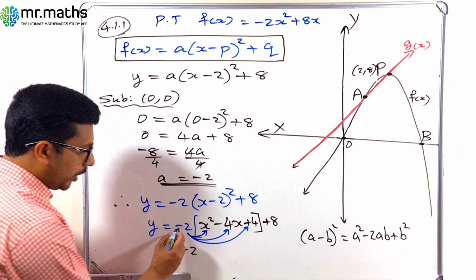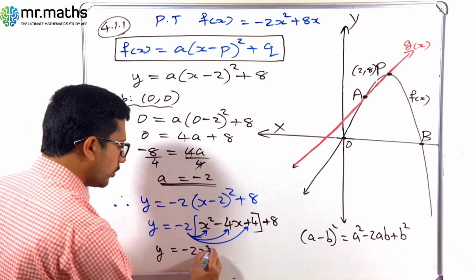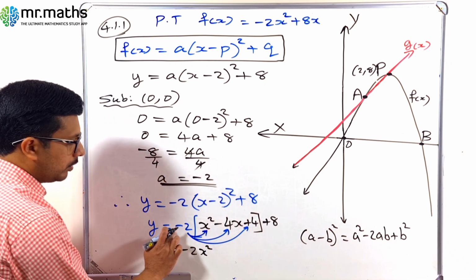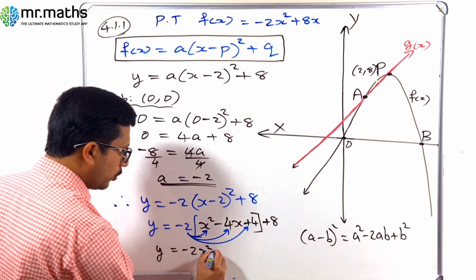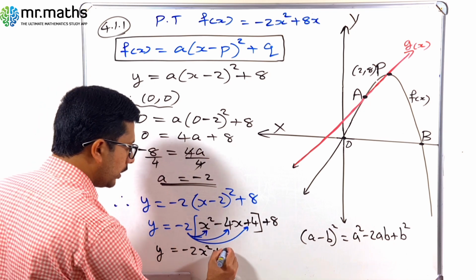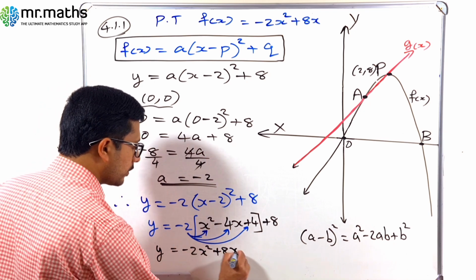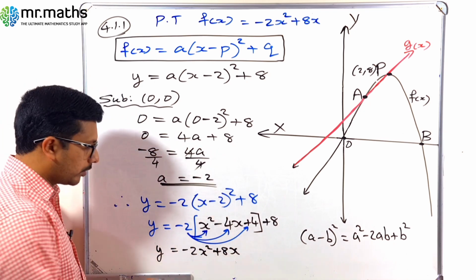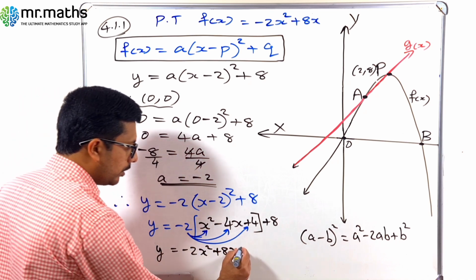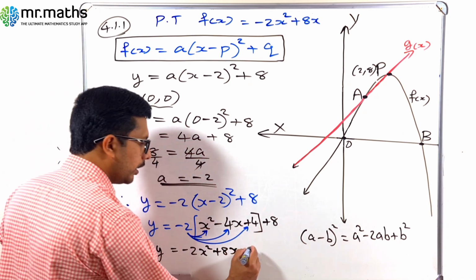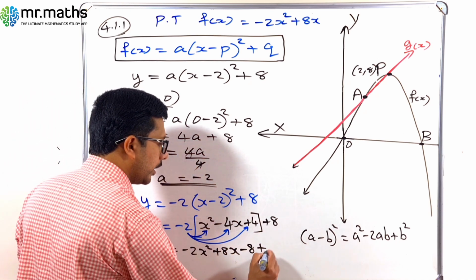Okay, so minus 2 into x squared is minus 2x square, minus into minus is positive, 2 into 4 is 8, then x, I'm expanding the bracket. Okay, minus into plus is minus, 2 into 4 is 8, then this plus 8.